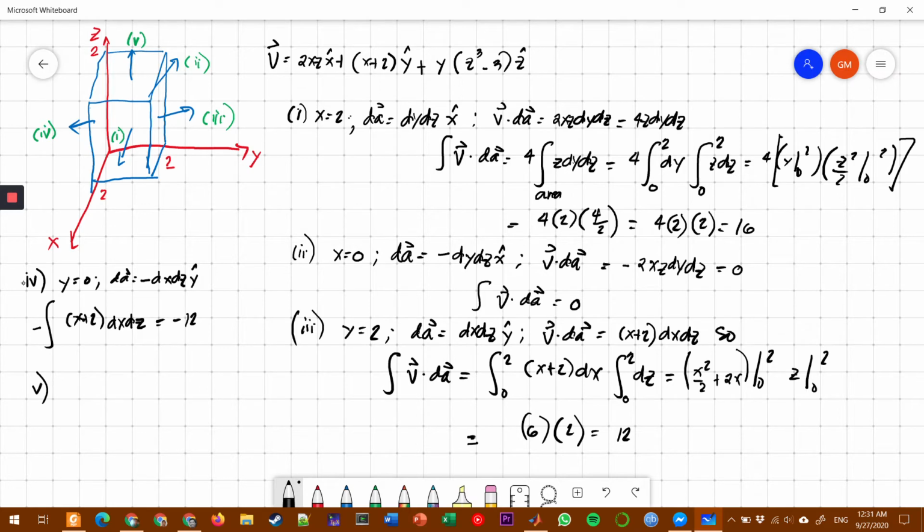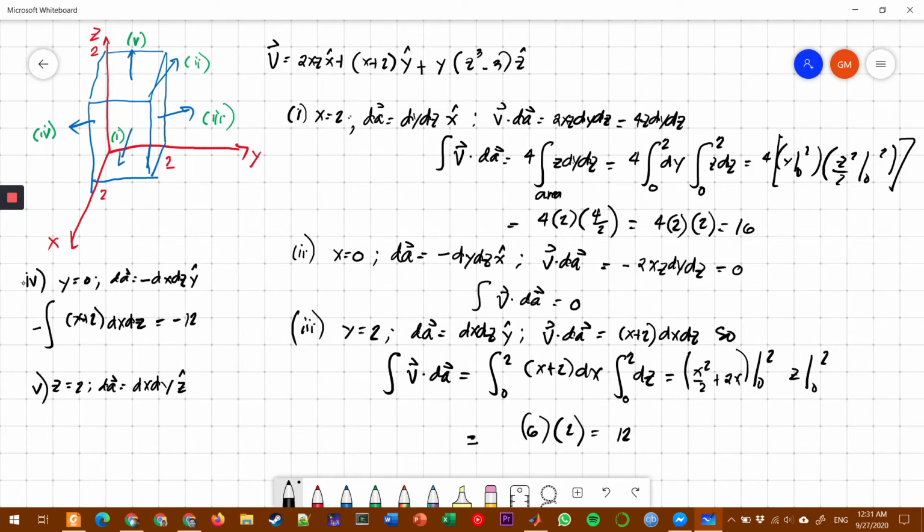So how about region 5? Region 5 is the top one. So this is now z equals 2, and take note that my dA is now dx dy, right? dx dy, but the direction is along z, perpendicular to the surface, z hat.